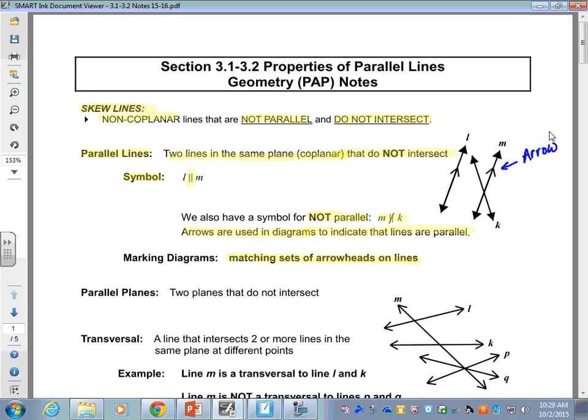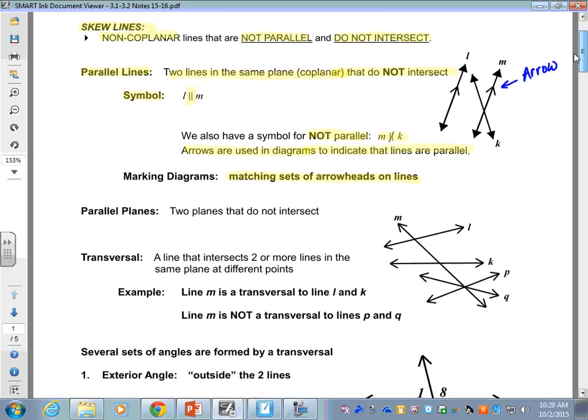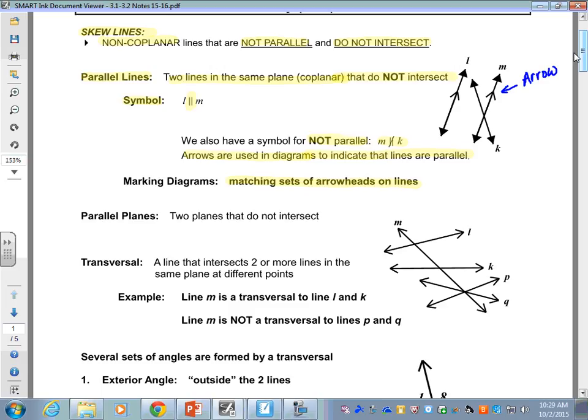And this is indicating that line L is parallel to M with that arrow. And it's also showing you that K is not parallel because they would intersect M or L if we extend it out.